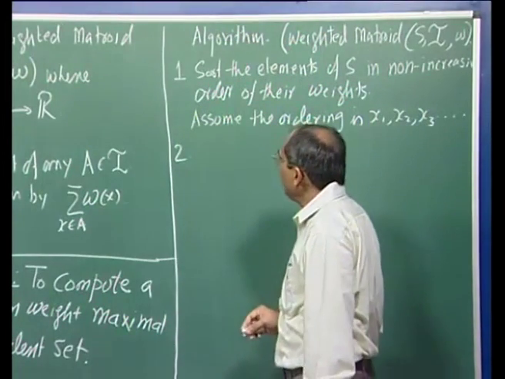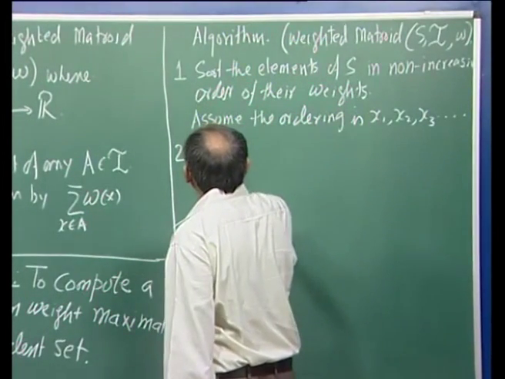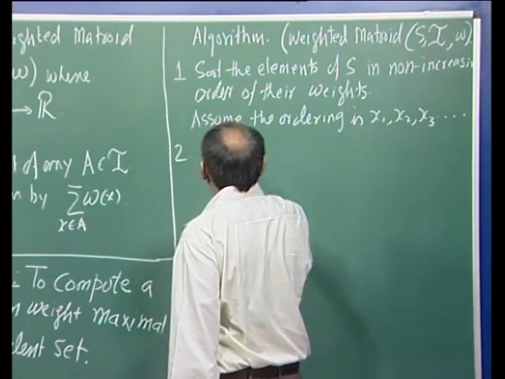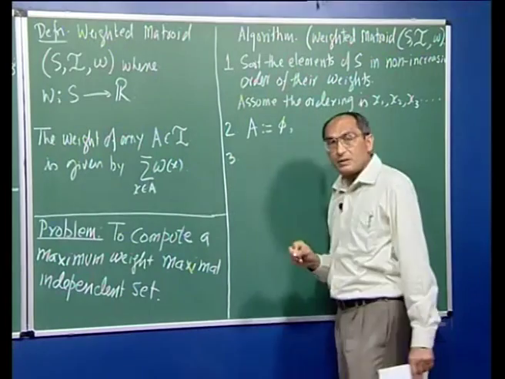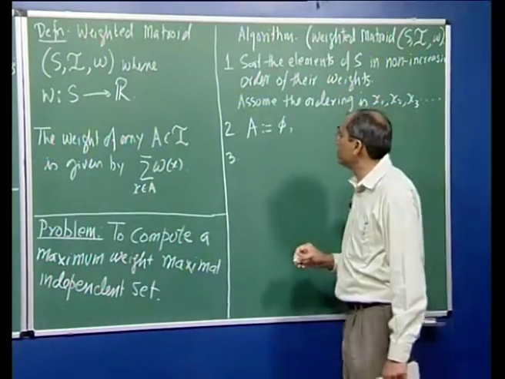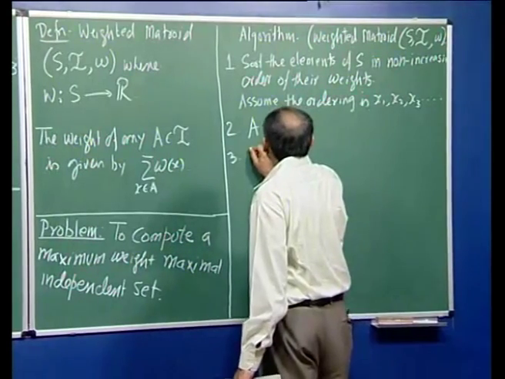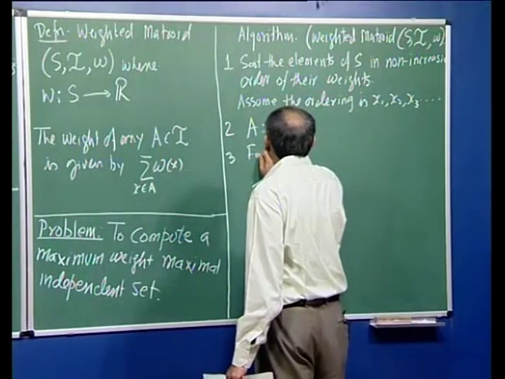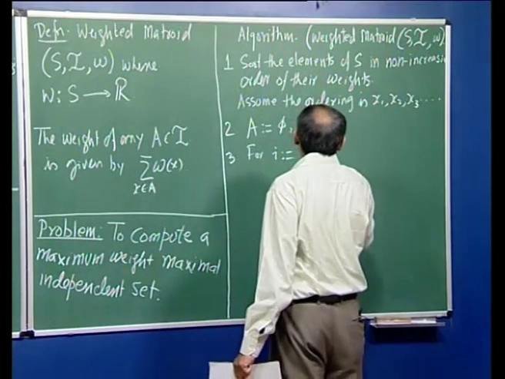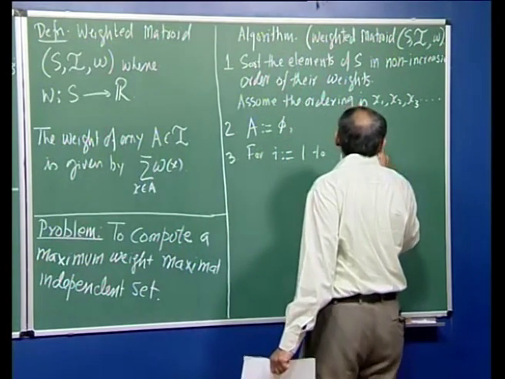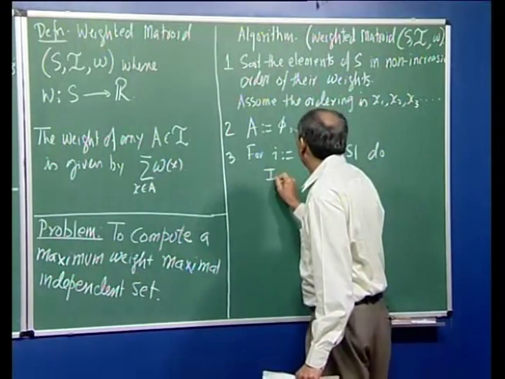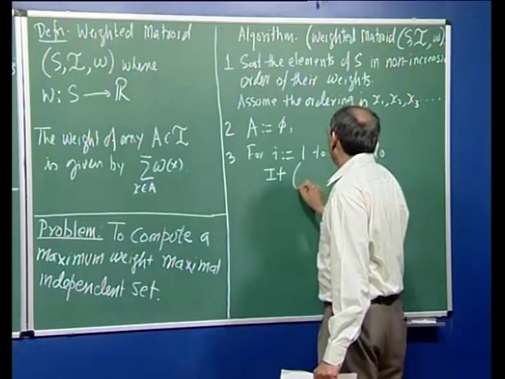In the second step, we take an empty set and now we iterate in the following fashion.